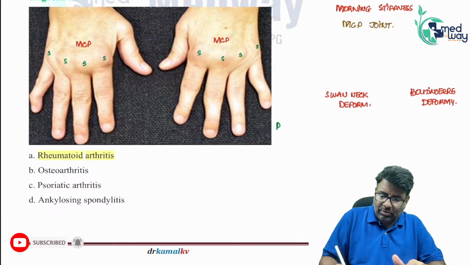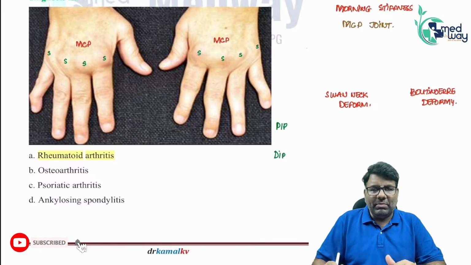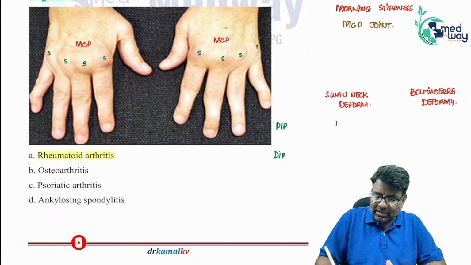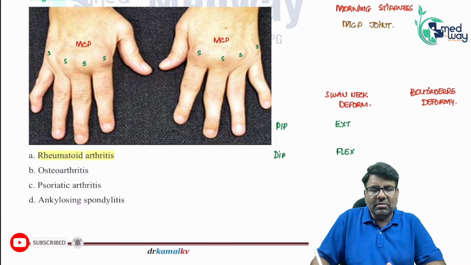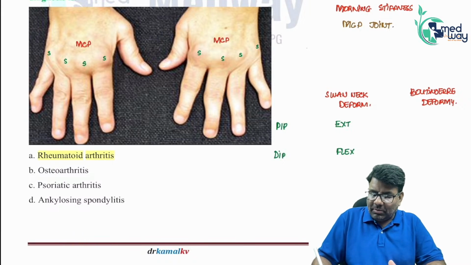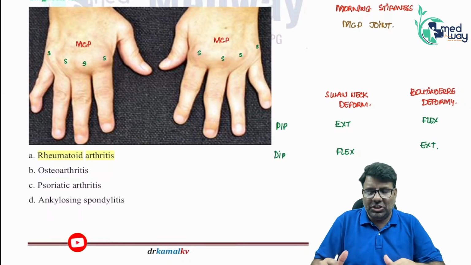So we'll write PIP and we will write DIP here. Now, what is happening in swan neck deformity? The PIP is extended and the DIP is flexed. And in boutonniere deformity, the PIP is flexed and the DIP is extended. So you can see the deformities are almost reverse of each other.